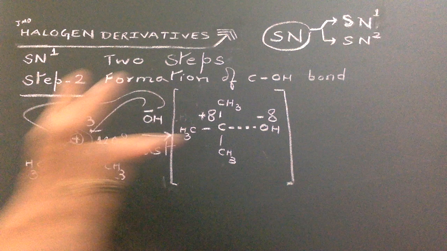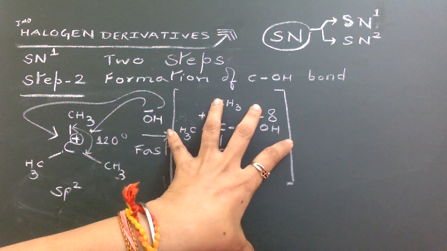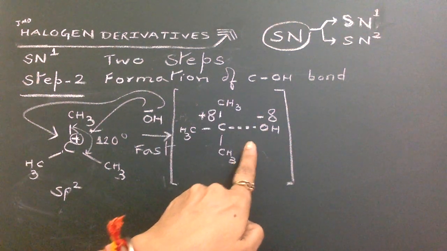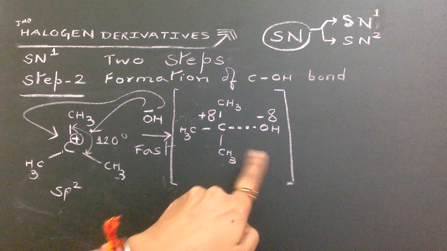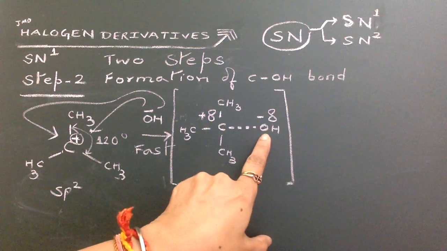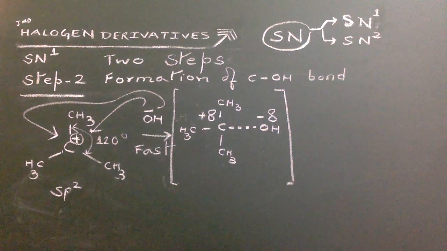Now, this is the second transition state which is formed, in which the carbonium ion forms a loose combination with OH. In this, carbon acquires a partial positive charge while the OH acquires a partial negative charge.